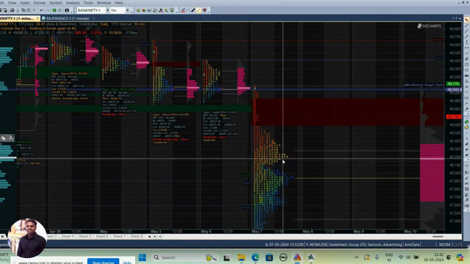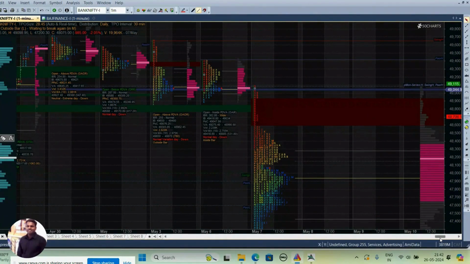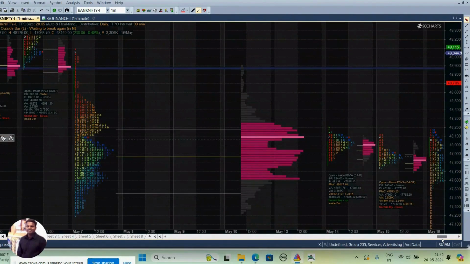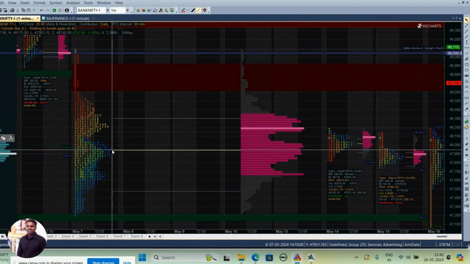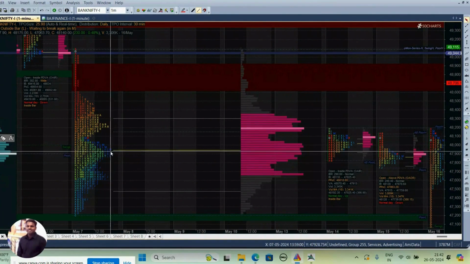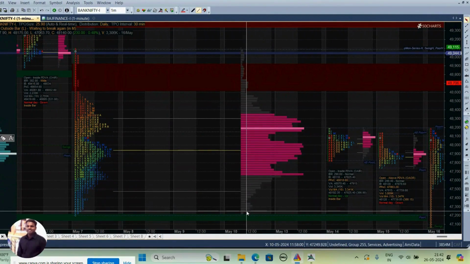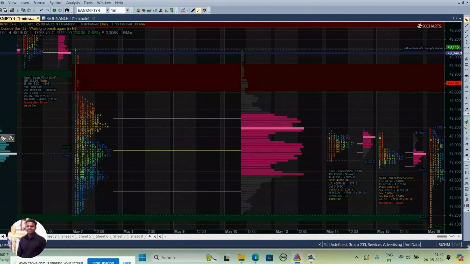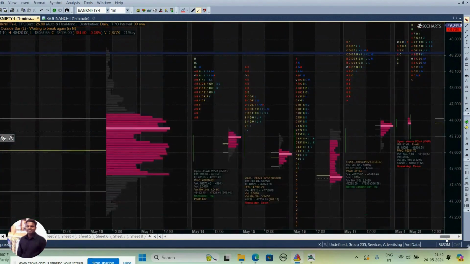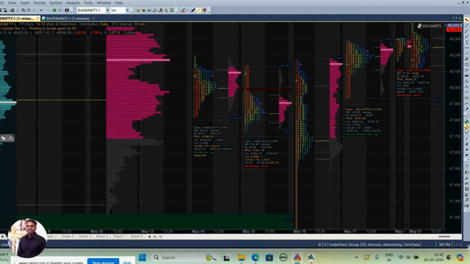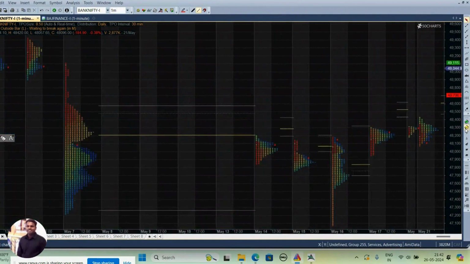So 0 to 16, it is trend continue only. Trend continue means center letter 0 to 16. It will stop the price here. Then what happens? It will go for the development stage. The price goes for the development stage in the center point.